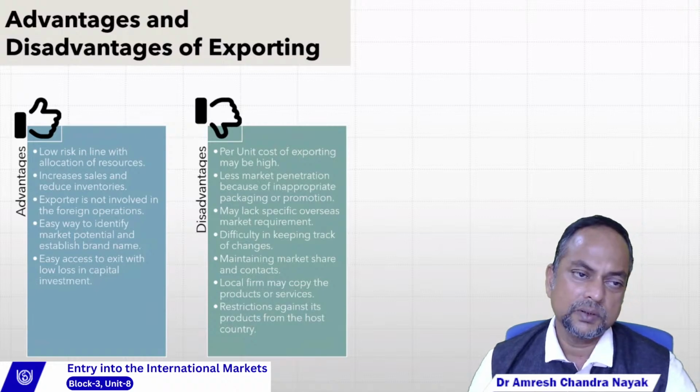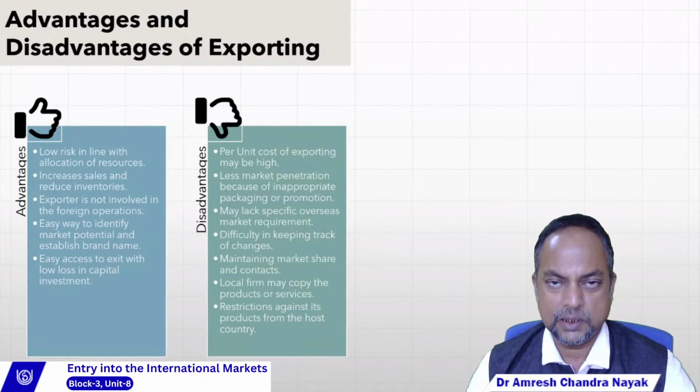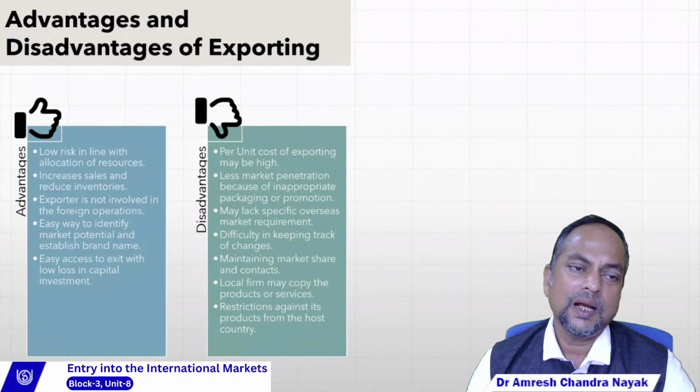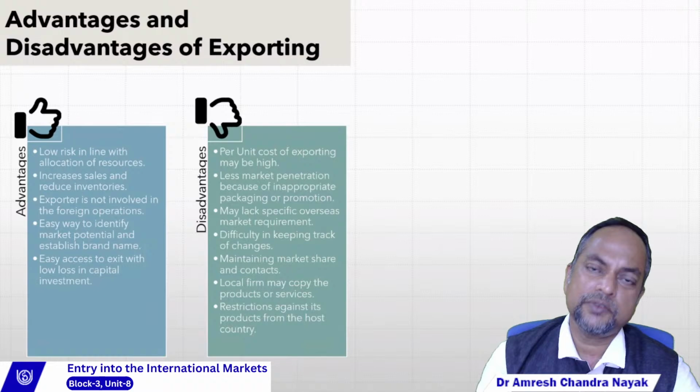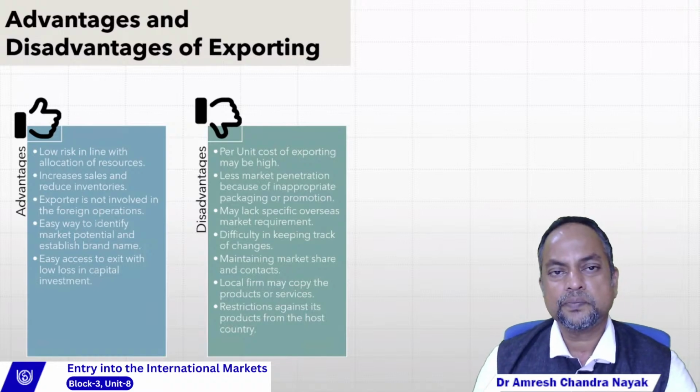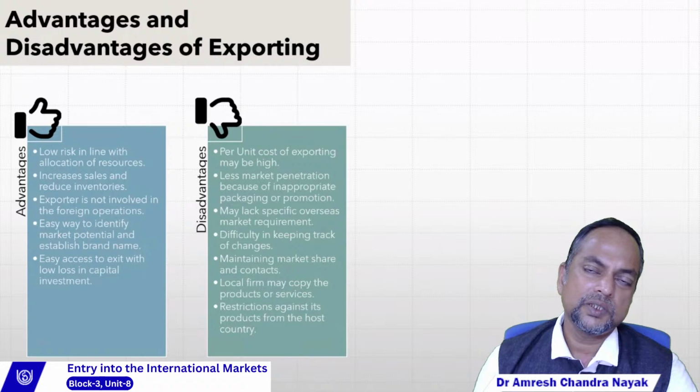That increases, of course, the sales, because I'm expanding from the domestic level to the international level, and that also reduces the requirement of inventories because here you are going for economies of scale, right?